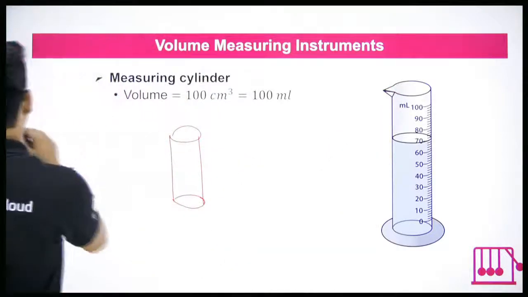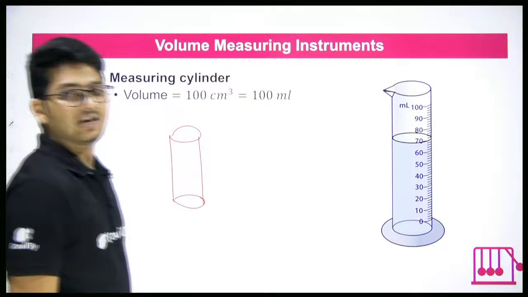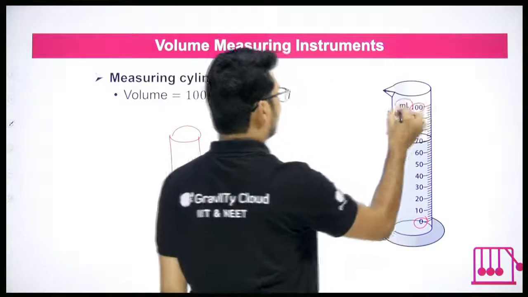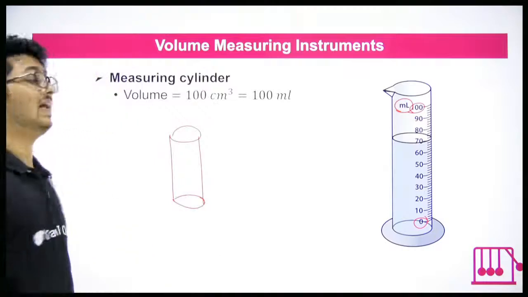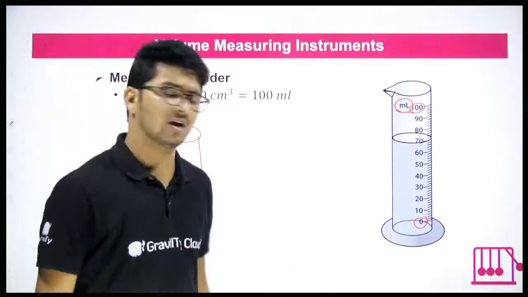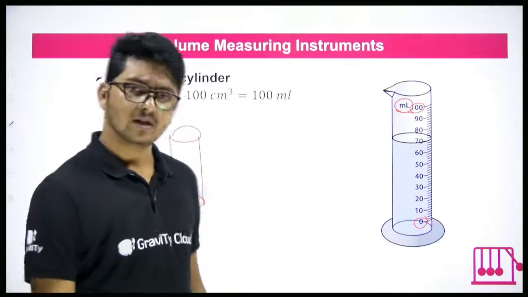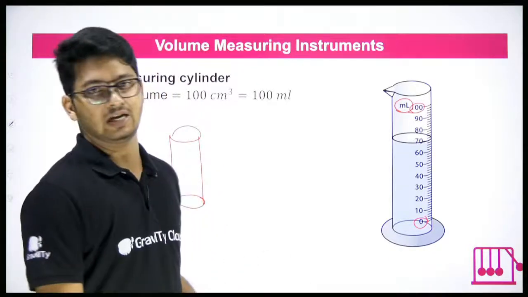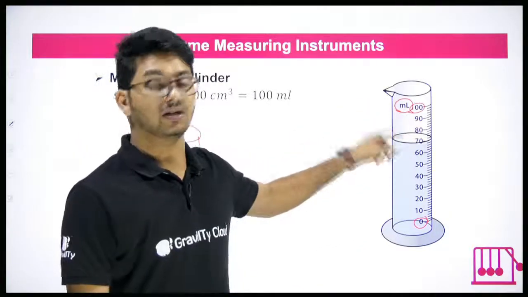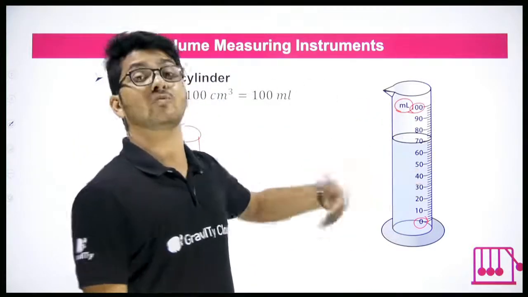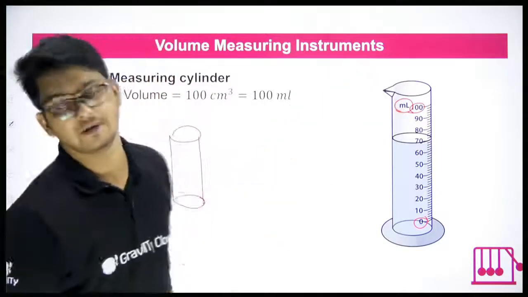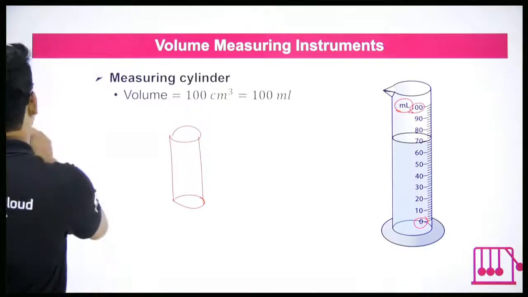And look at the values. It's clearly written already. Here they start at 0. From 0 they go to 100. And what are the units? Milliliter. I know it's a very small volume to measure, but yeah. You can have different measuring cylinders of different capacity, but here the maximum volume that we can measure is 100 ml.